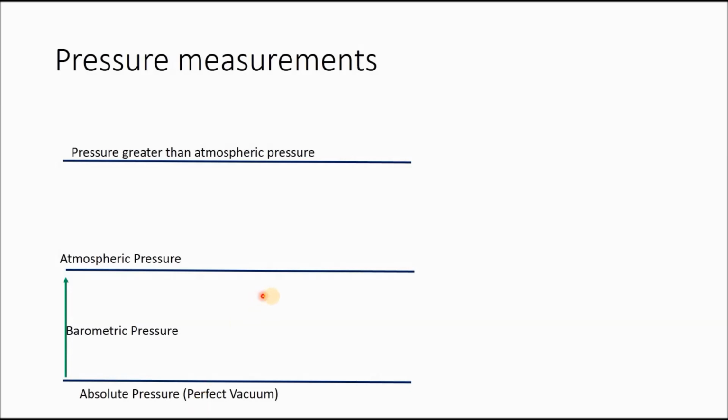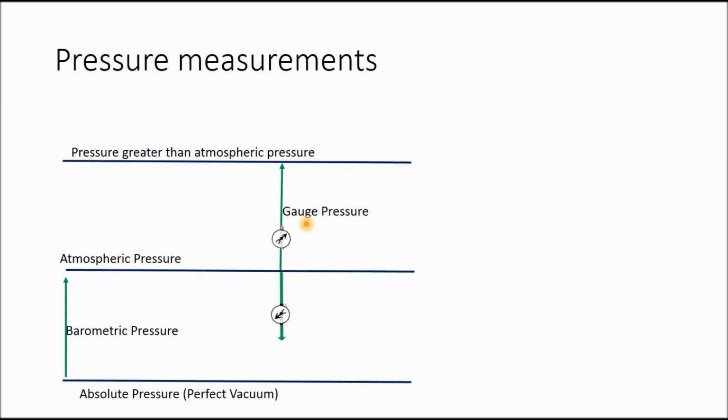And above the atmospheric pressure, where the pressure is greater than atmospheric, whatever you measure is called gauge pressure. One more important point is that the sign is positive, in the clockwise direction, for gauge pressure. With the help of an instrument you can measure it, and that is why they call it gauge pressure.